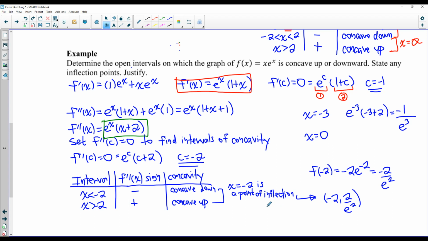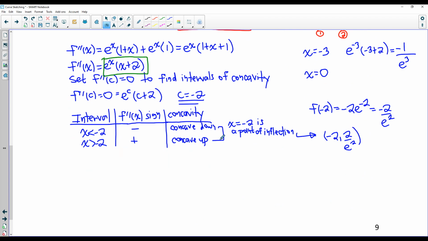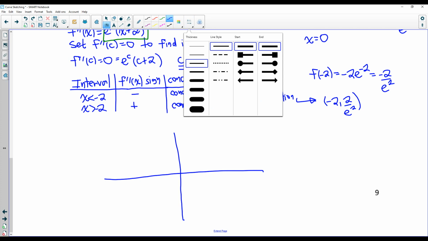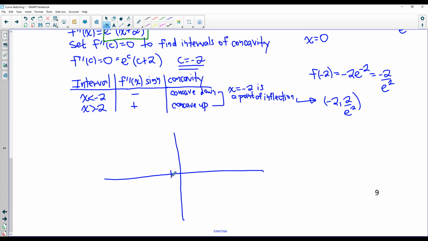Now, if you're wondering what this graph looks like specifically, we'll take a quick look at it. So let's draw a y-axis, draw an x-axis, and try to sketch this as best as I can. Let's look at that critical point for the concavity. That's going to be when x is equal to -2.